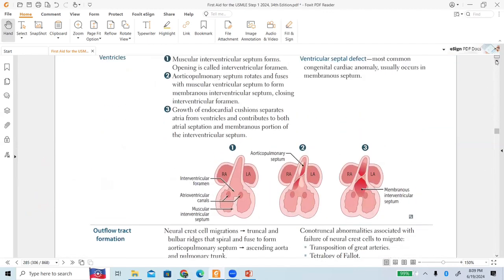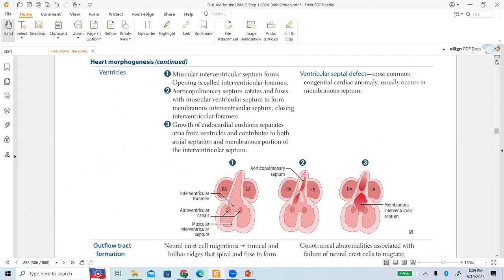Okay, so again, focus on the picture. All the pictures in First Aid are high yield stuff, because USMLE asks questions based on curves and pictures, right? So I am focusing on the pictures mainly. So in the ventricle, what happened? The ventricle septum.